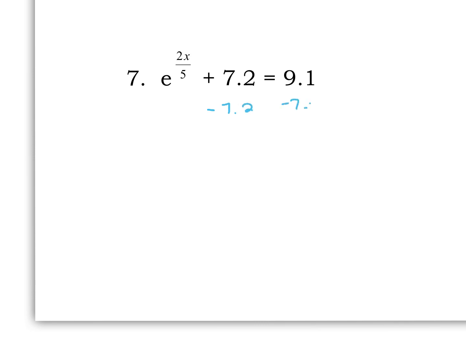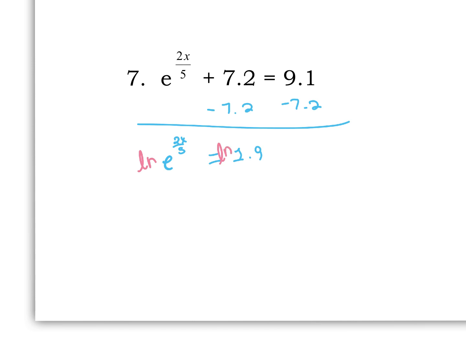So on this last example, we know we have to clear away anything else that's going on first. So we're going to take care of this 7.2. So we get that this is equal to 1.9. And now we are going to take the ln of both sides.